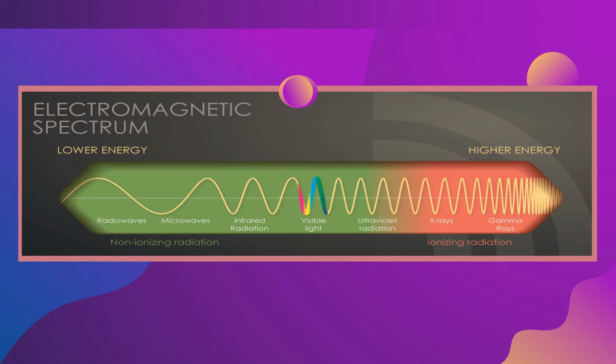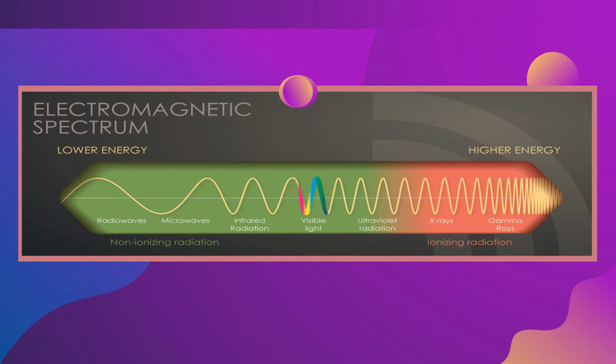This picture shows the electromagnetic spectrum, which shows the frequency, the wavelength, and also the energy present on the different types of waves. And when we talk about radiation, we classify it into two. We have the non-ionizing radiation and the ionizing radiation.